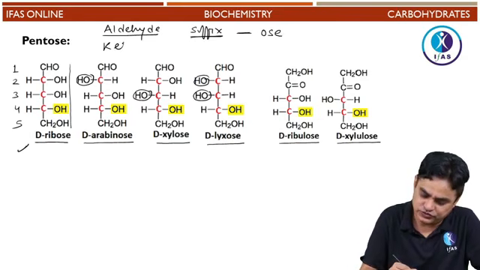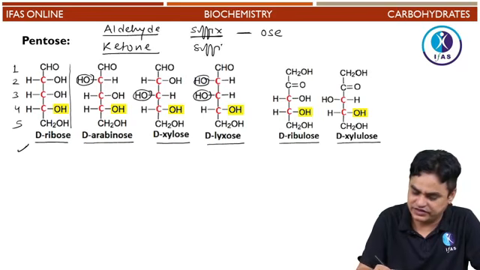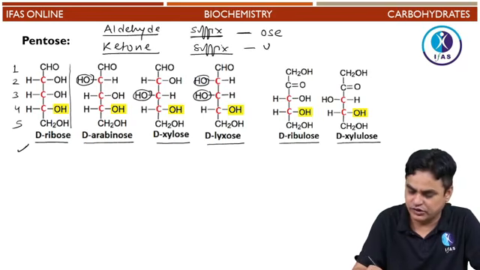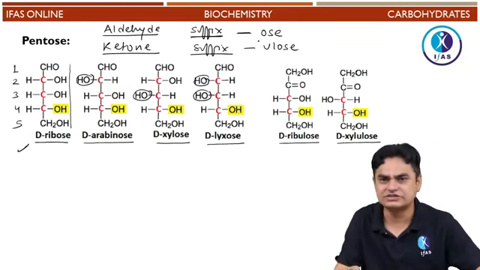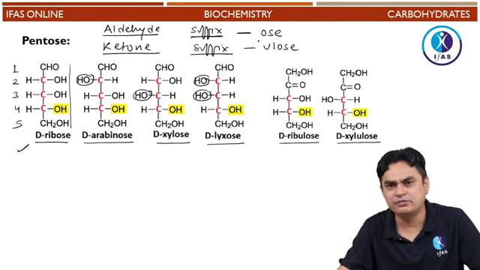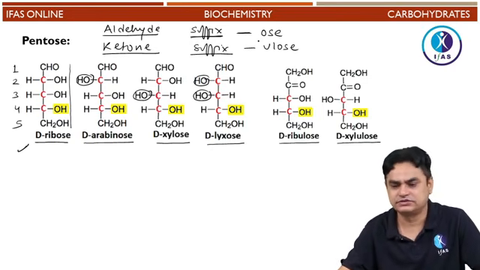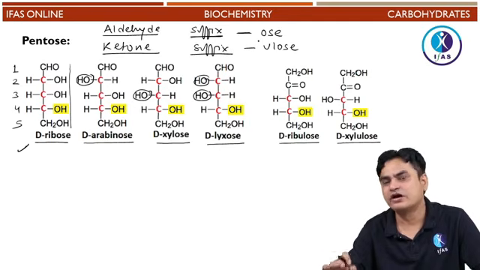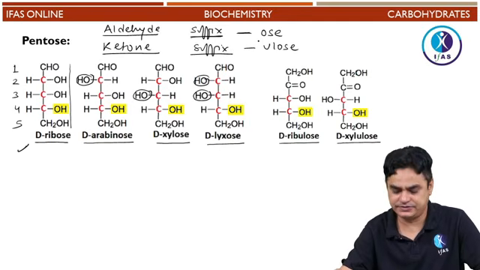For a ketonic sugar, the suffix often utilized is ULOSE. So you must be able to differentiate what you mean by ribose and what you mean by ribulose. Ribulose is a ketonic sugar, ribose is an aldehydic sugar.